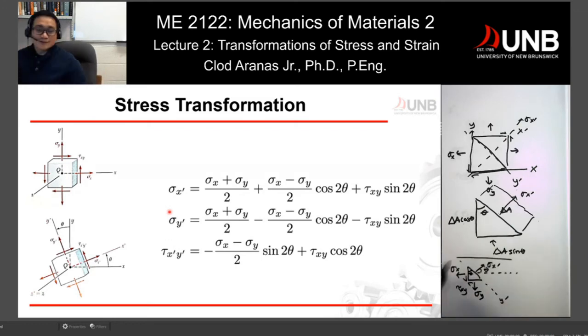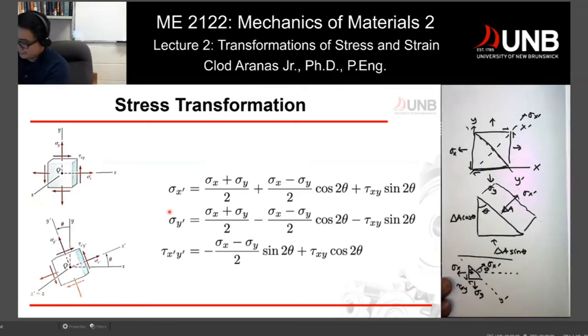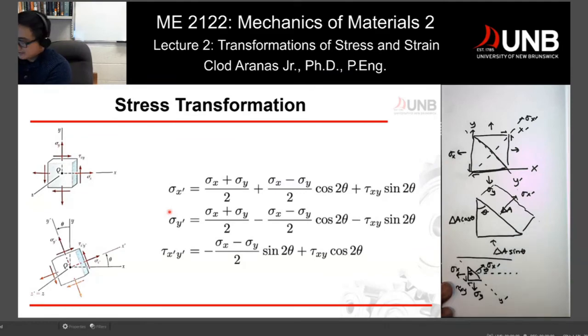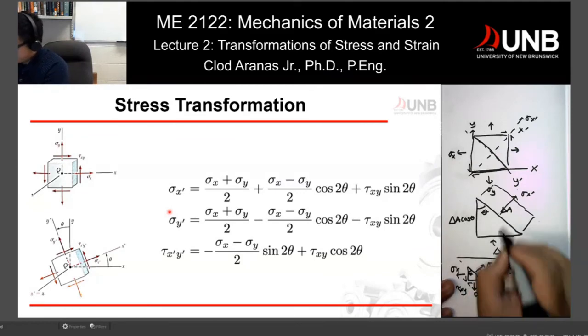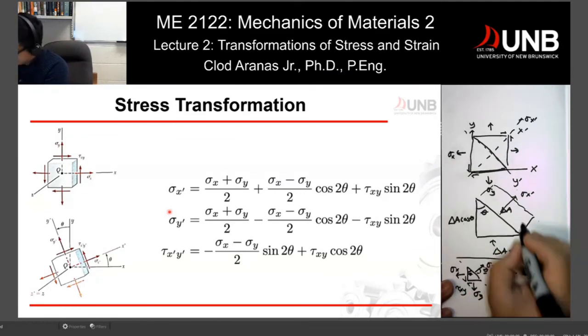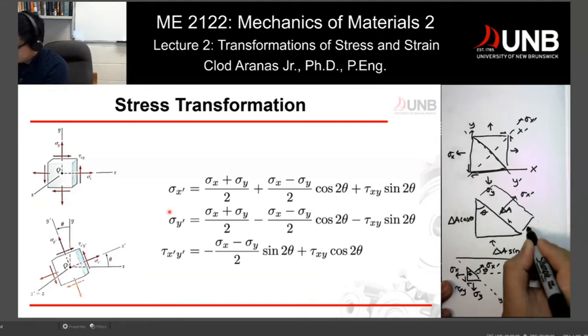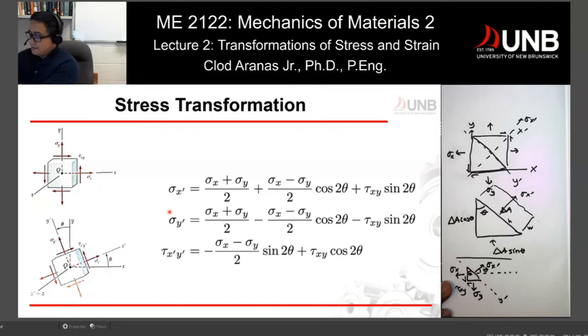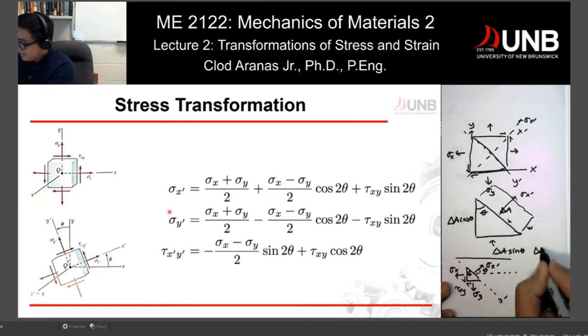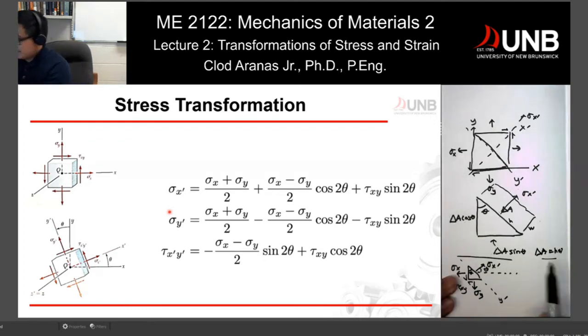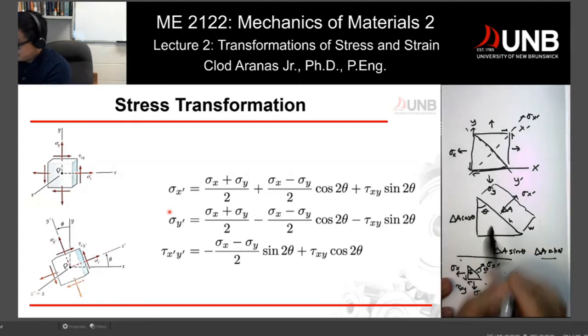Okay, yeah. So we can discuss how this one was taken. Just imagine that. Let's call this one the hypotenuse, H, and let's call this one W. If we take the area of this slice right here, your delta A is equal to HW. That's our assumption right now.